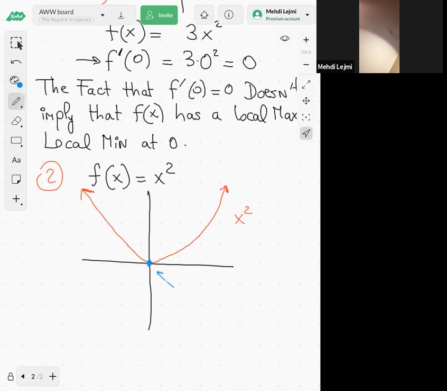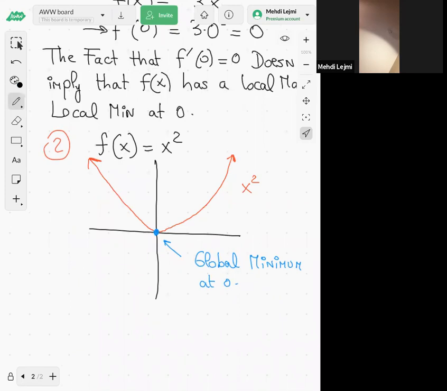So this point here is a global minimum at 0. Our theorem says that because we have a minimum at 0, the derivative of f is going to be equal to 0 at 0.